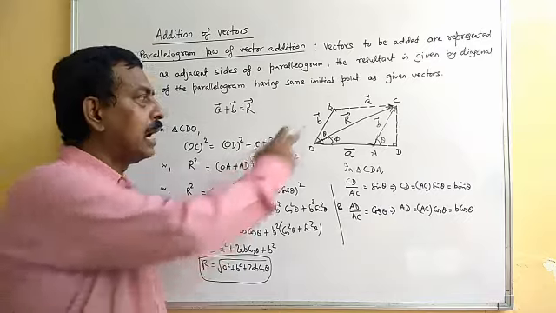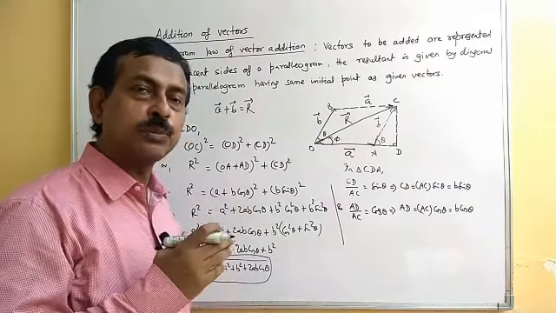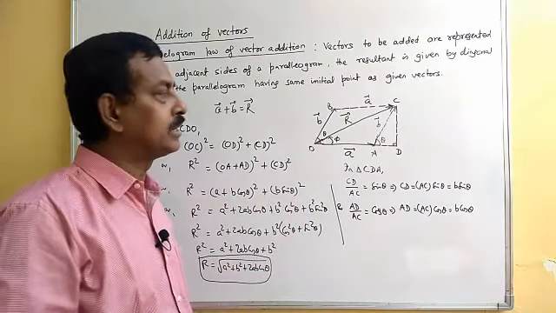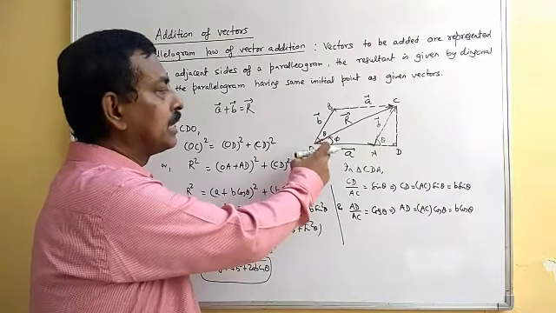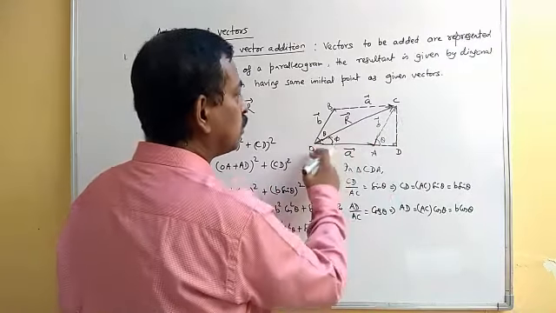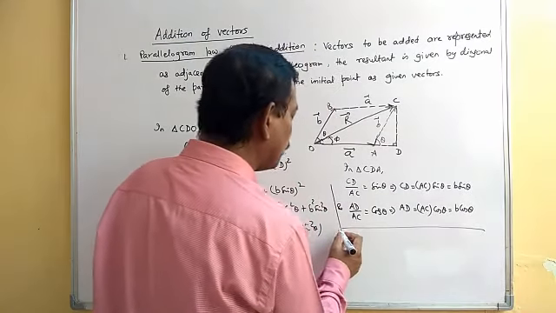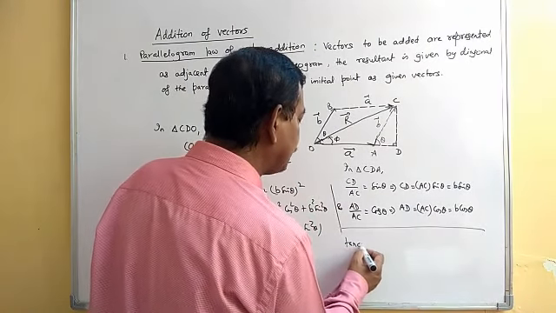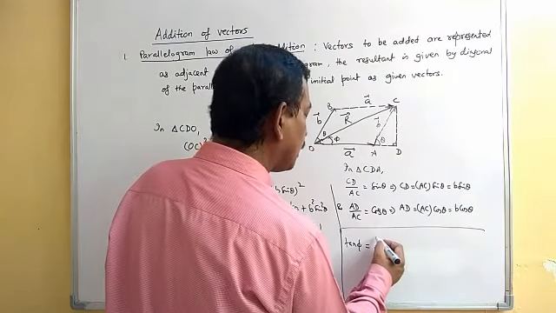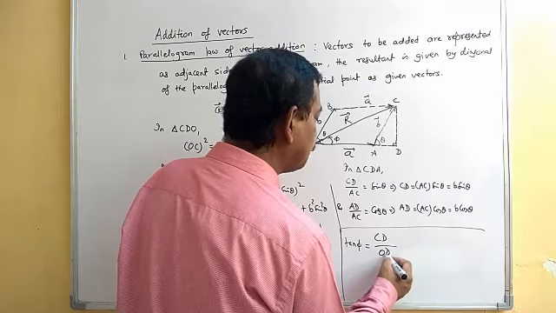The resultant R, being a vector quantity, must have the direction also. So suppose I take phi as the angle made by the resultant with the vector A. In this particular triangle, we can take tan phi equals CD by OD.